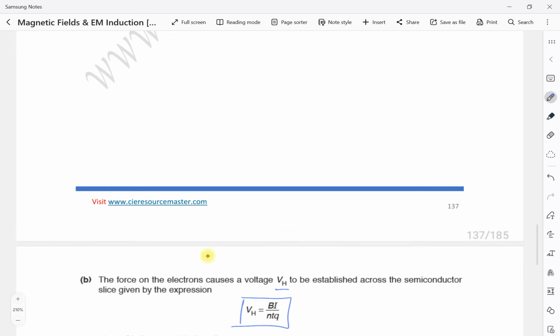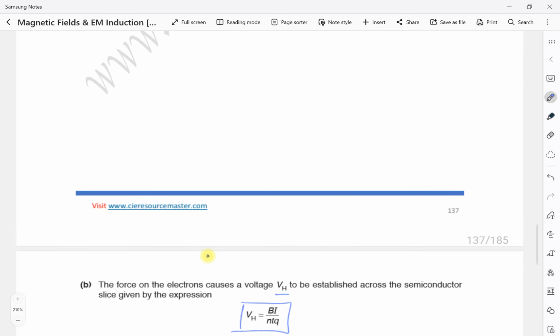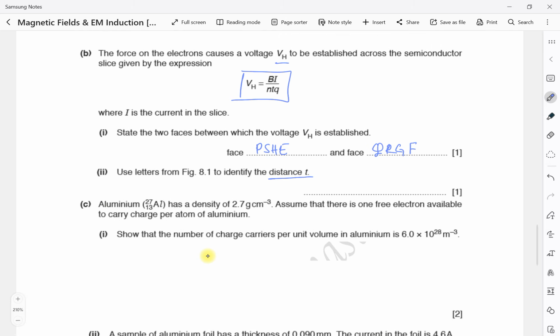Of course, T is the thickness of the slice, so the answer here can be PE, or QF, or RG, or SH.